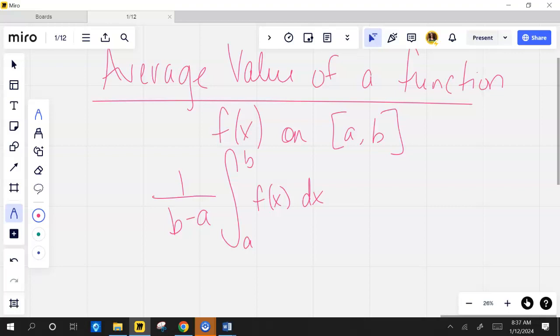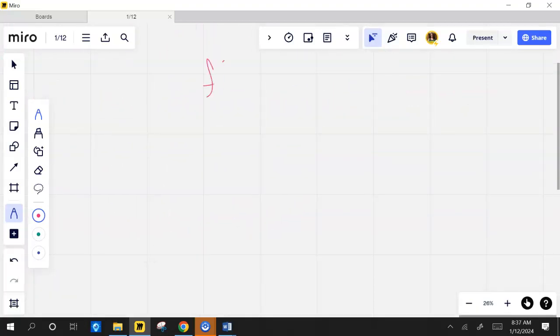Let's do an example and then I'll stop. If f of x is 4 minus x squared, find the average value on the interval 0 to 3.